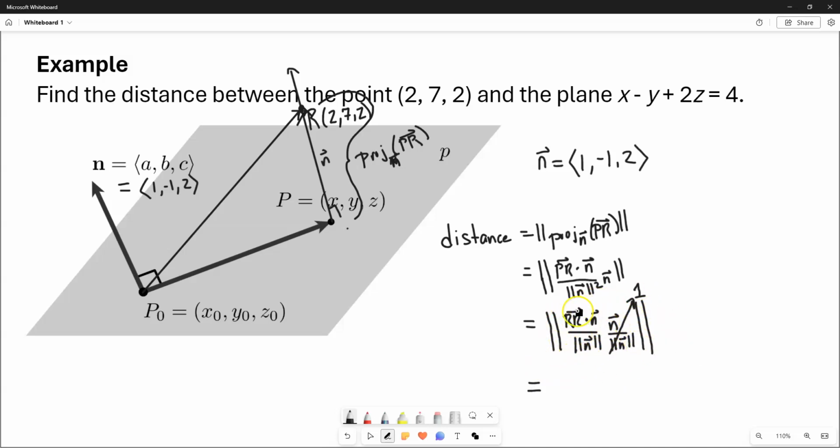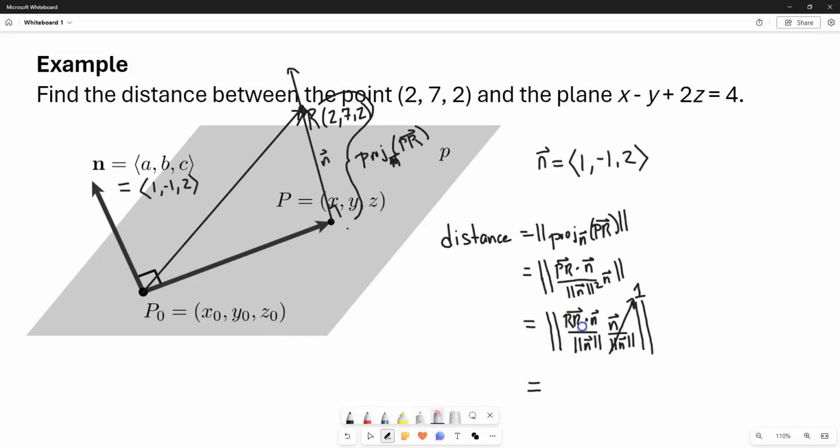So really, all we're looking at is this scalar value, PR dot n divided by the magnitude of n.